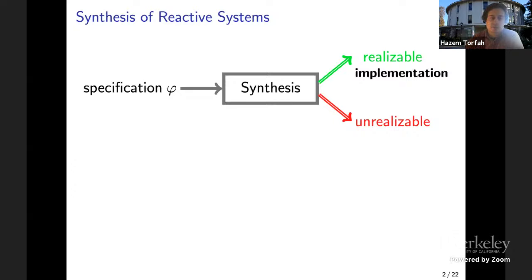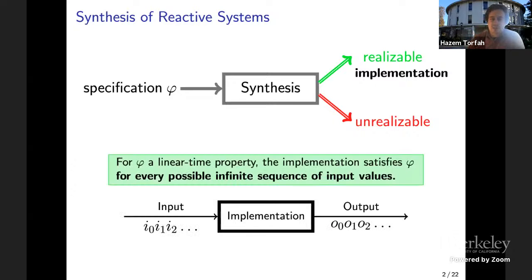Particularly in reactive systems, we say that an implementation satisfies a specification pi if for all possible sequences of input values, the outputs produced by this implementation satisfy the specification.